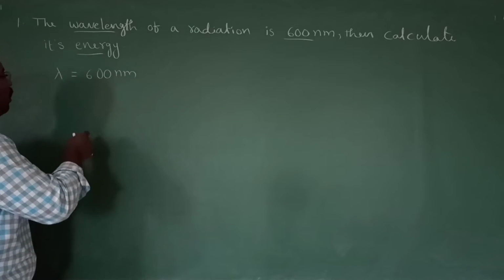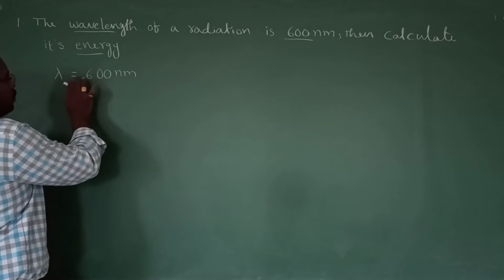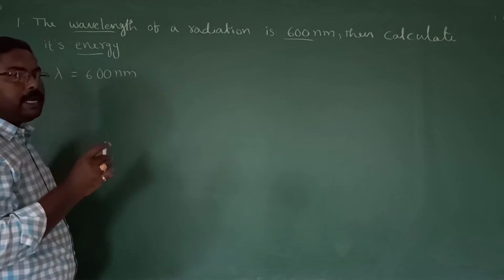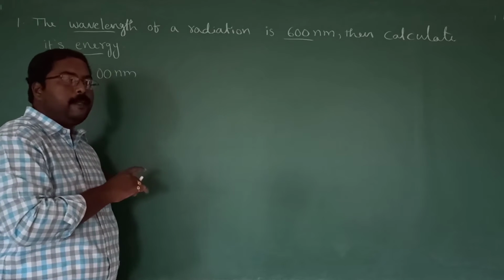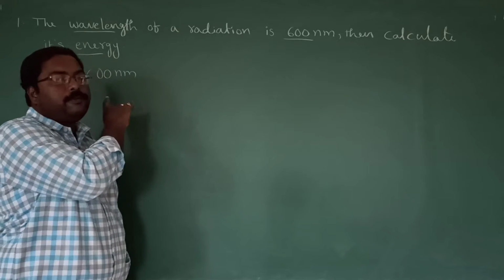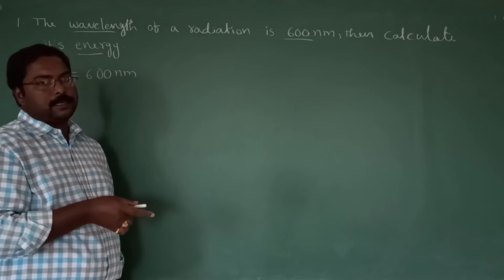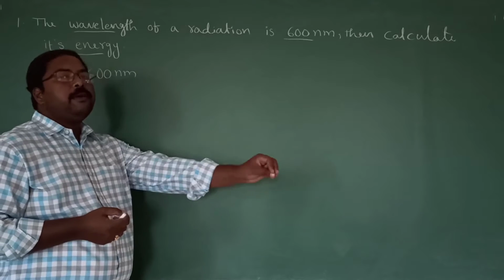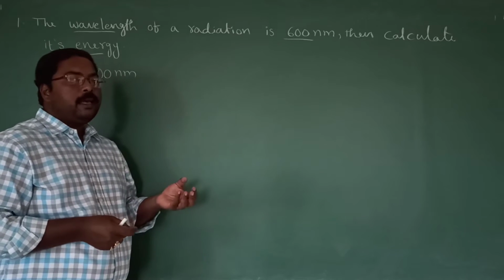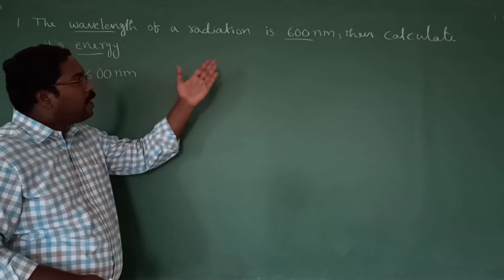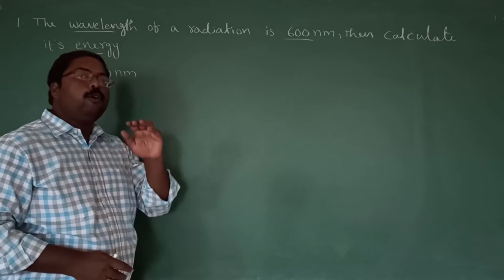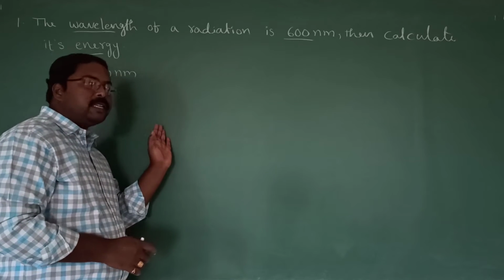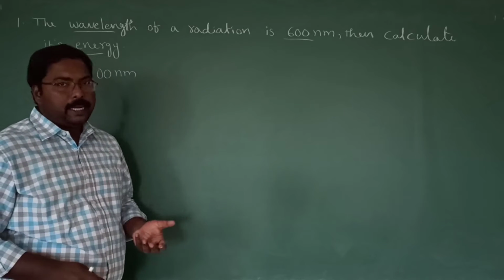So better always to take the wavelength in terms of meters, because the velocity of light will be taken in meters. That is why it is better to convert the wavelength into meters. Sometimes they may give wavelength directly in meters, or they may give it in angstroms, nanometers or picometers. Already I have given the data on how to convert these angstroms or nanometers into meters.